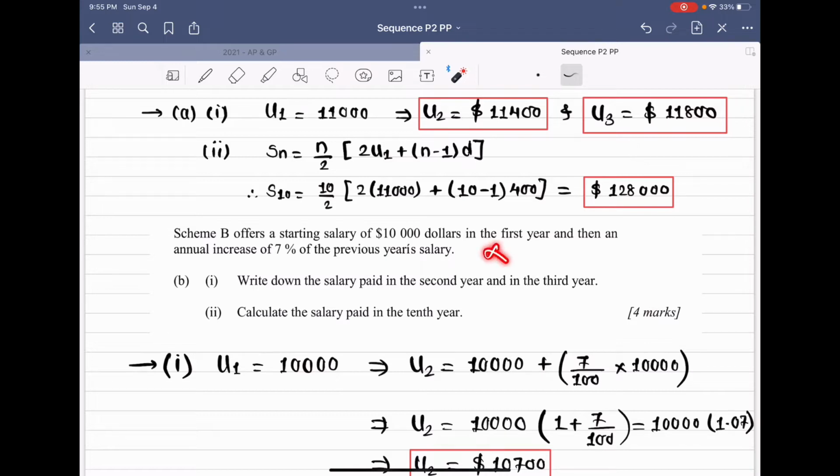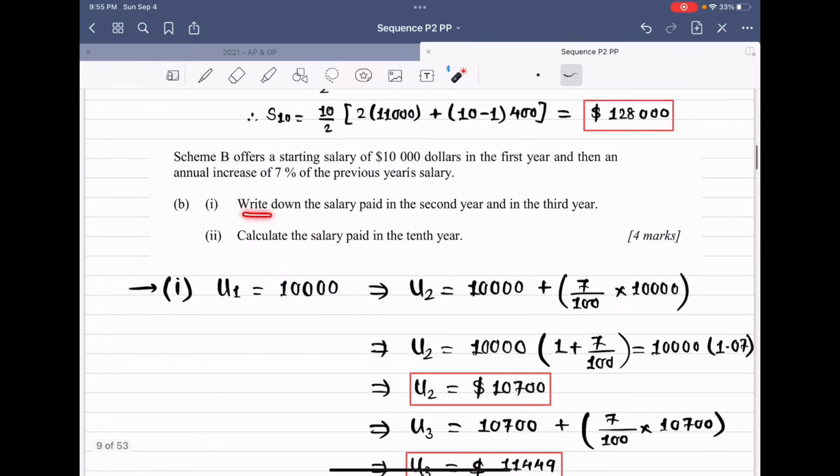Nothing is mentioned over here whether it is geometric or arithmetic. But this is the hint: whenever they say some percent of the previous year, increase or decrease, it is always considered geometric. See this process first. You don't have to show all of this, because the question says write down, so you don't need to show everything. I'm just explaining the process.